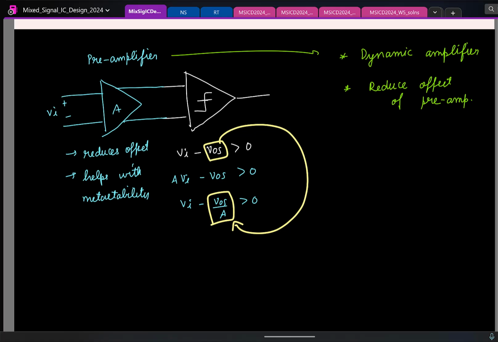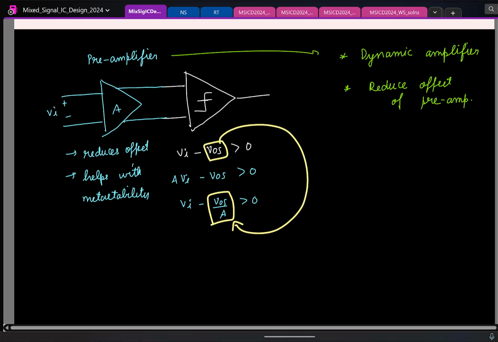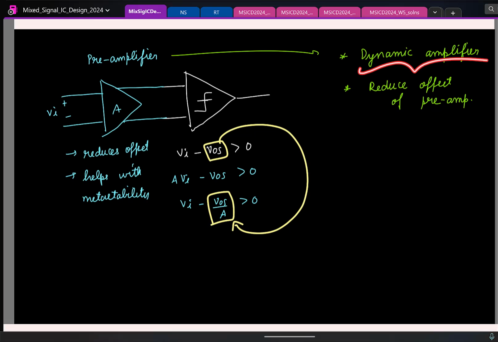So we'll just look at it and end today. Okay, so again, there are different ways of having a dynamic amplifier. I will just show one simple variant. In the interest of time, I will directly show the circuit. So the basic structure is this: you do something similar to the strong arm latch.